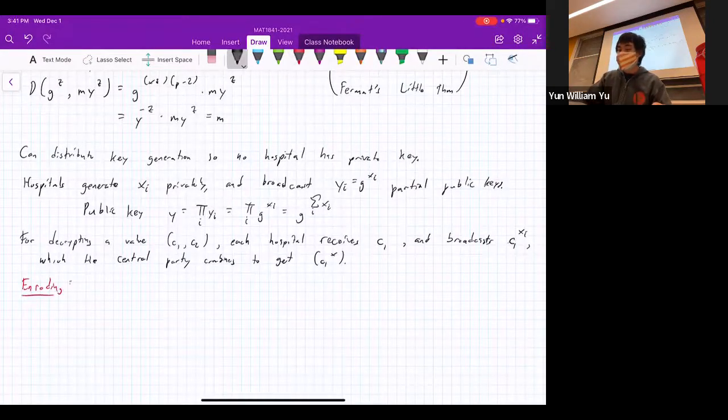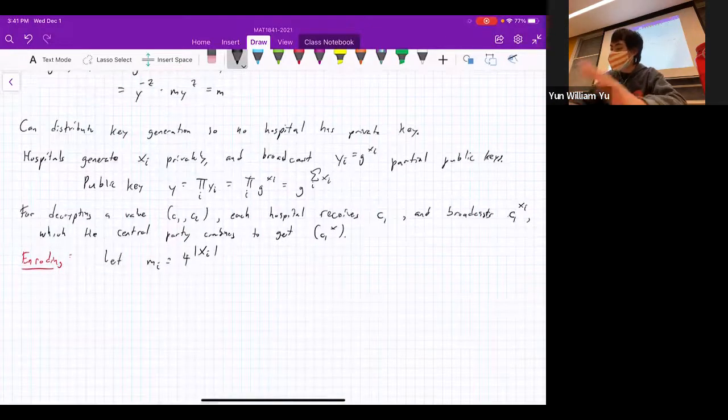Then we just have to encode our problem. Let mi be equal to some value, let's say 4 to the xi. I chose 4 for complicated reasons, but it doesn't really matter. So we encode each of our values as a power.